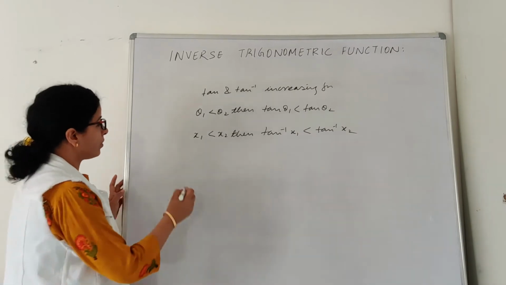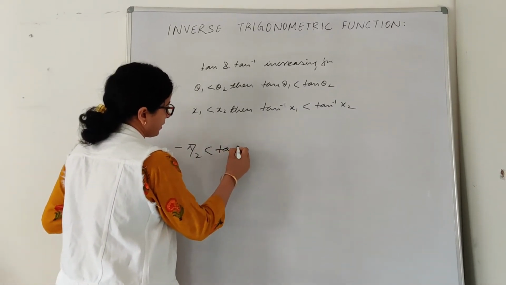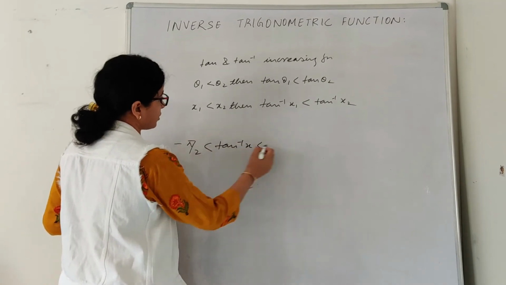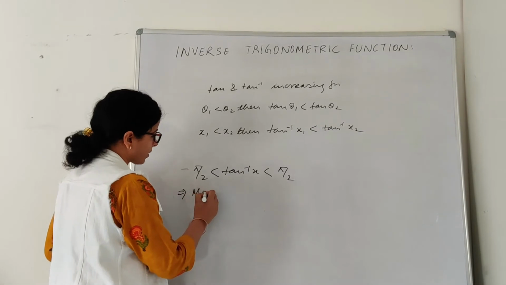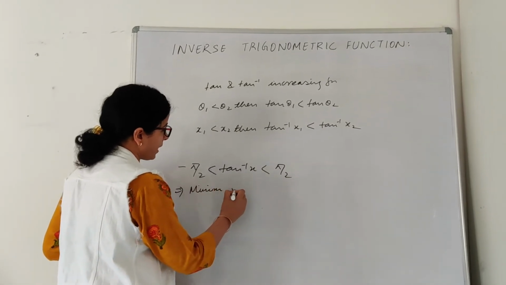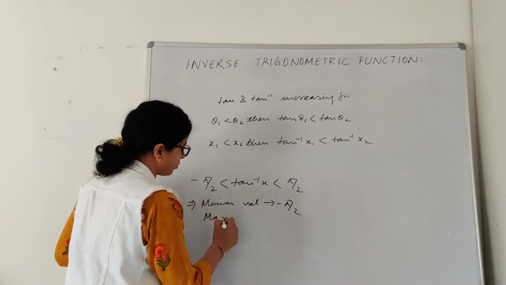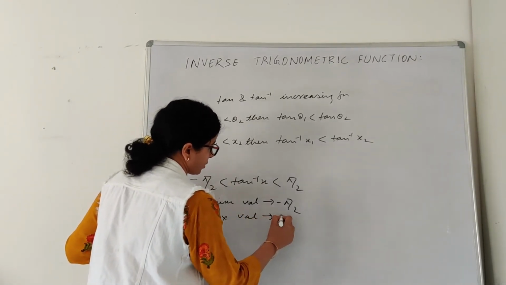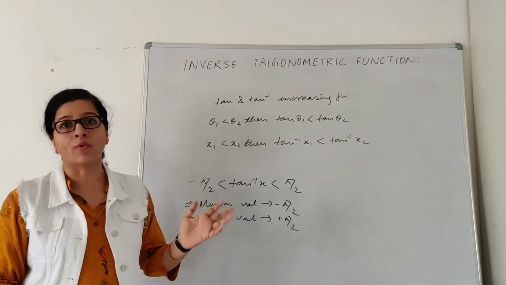Moreover, we know that tan inverse x value lies between minus pi by 2 and plus pi by 2, but tan inverse x does not attain these values.